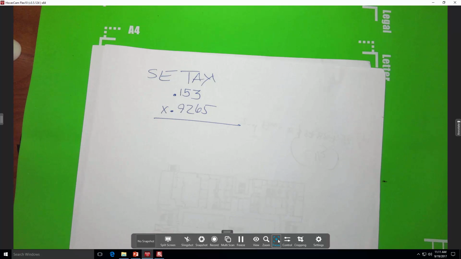Your SE tax shows up on line 57. But then you also get a deduction for AGI of half of it on line 27 on the front.